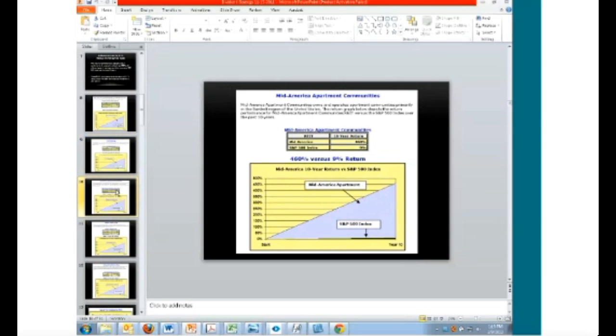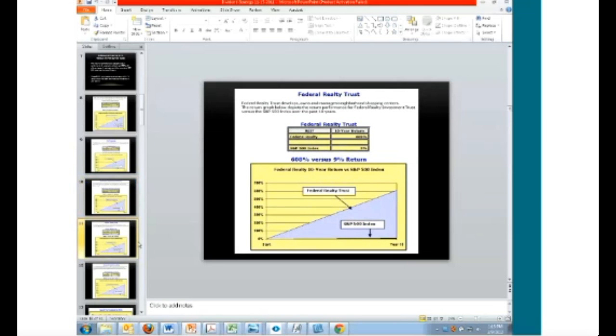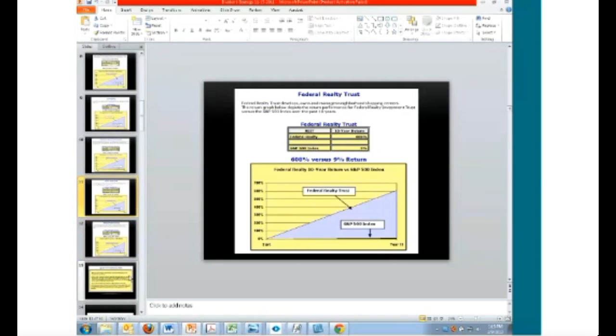This is Mid-America Apartment Communities. They own apartment complexes in the Sun Belt region of the U.S. 460% return versus 9% for the S&P. Federal Realty Trust, they own retail shopping centers, 608% return versus 9% for the S&P.